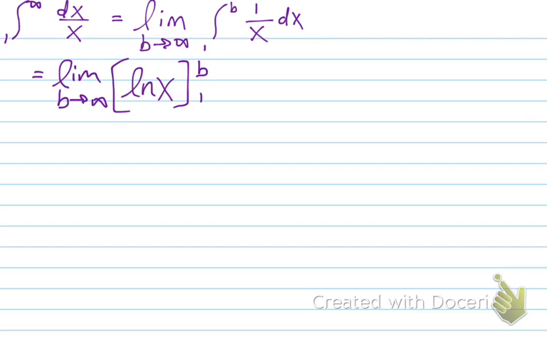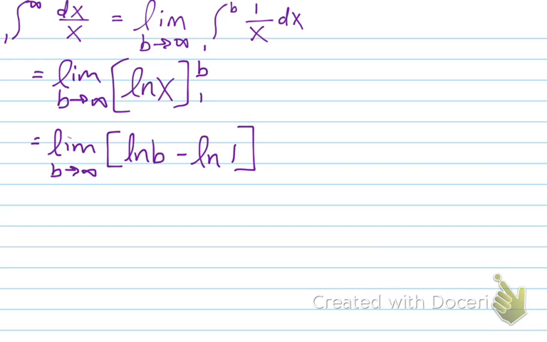And if I use the fundamental theorem of calculus, I can plug in the b. So I have ln of b minus ln of 1, as f of b minus f of a. And the natural log of 1 is 0, so I just have the limit as b approaches infinity of ln of b minus 0, so I won't write that.